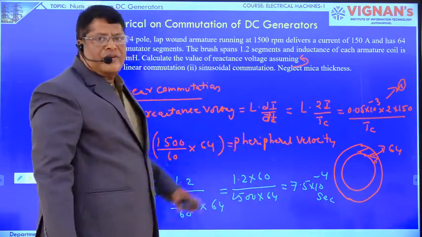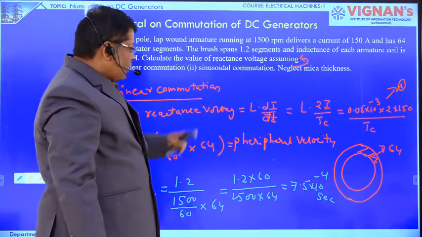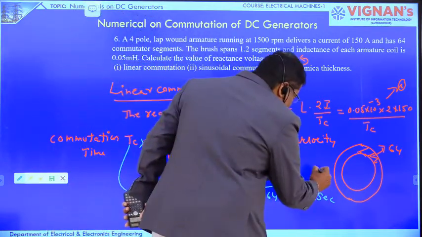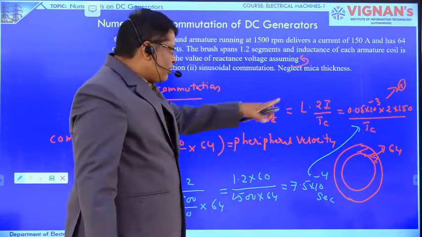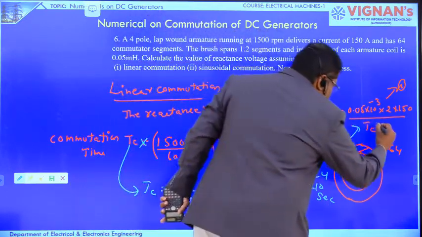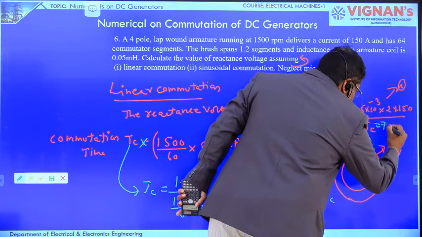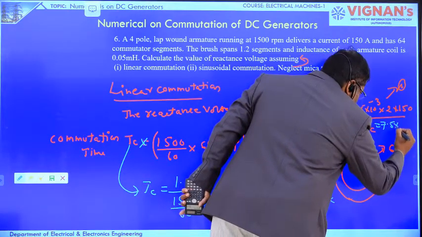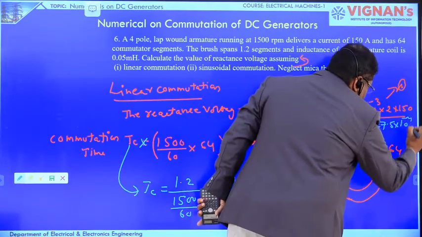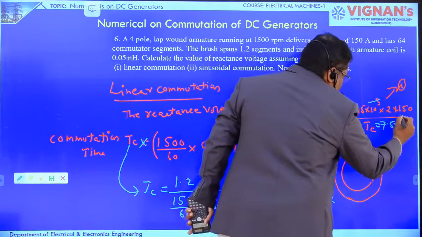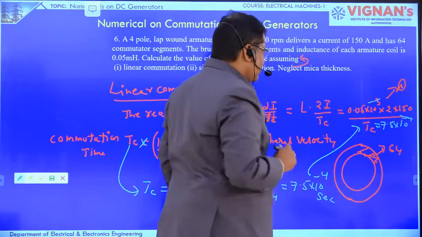Very small amount of time. That value you have to substitute here. Substituting this Tc value, 7.5 into 10 to the power of minus 4, the 3 gets cancelled, minus 1 is there.